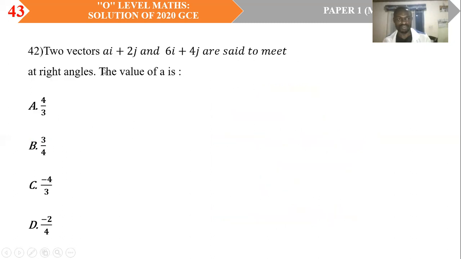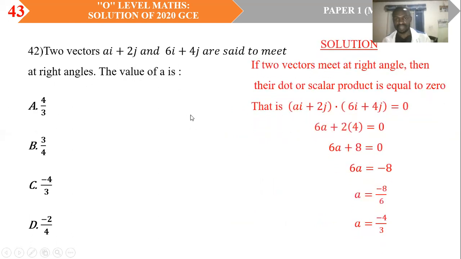Answer B. Question 42. Two vectors ai plus 2j and 6i plus 4j are said to meet at right angles. The value of a is... If two vectors meet at right angles, then their dot or scalar product is equal to 0. That's the condition for perpendicular vectors. That is, ai plus 2j dot 6i plus 4j is equal to 0.